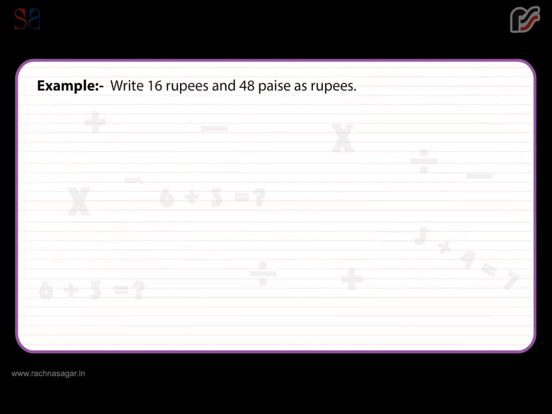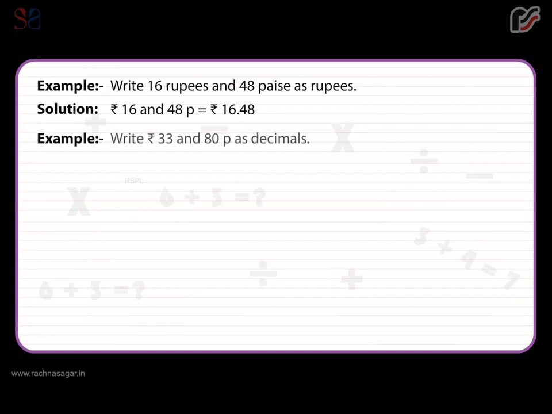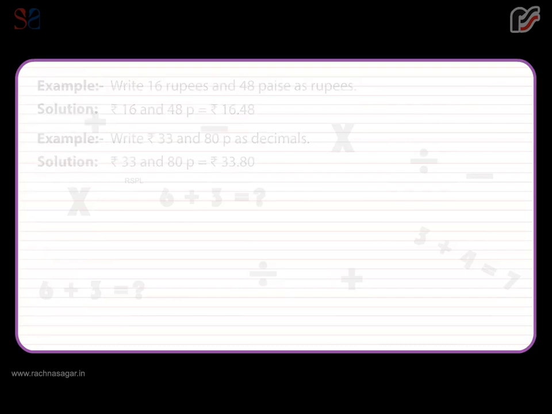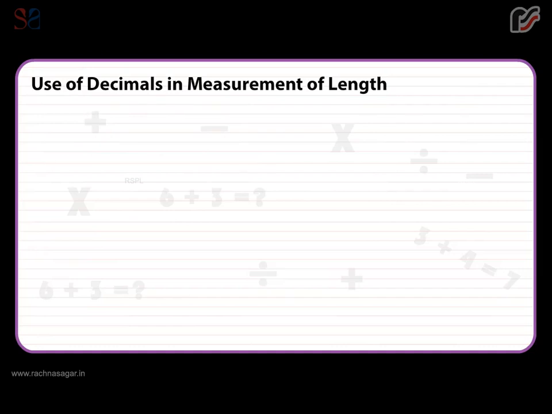Example, write 16 rupees and 48 paise as rupees. Solution, 16 rupees and 48 paise is equal to 16.48 rupees. Example, write 33 rupees and 80 paise as decimals. Solution, 33 rupees and 80 paise is equal to 33.80 rupees.